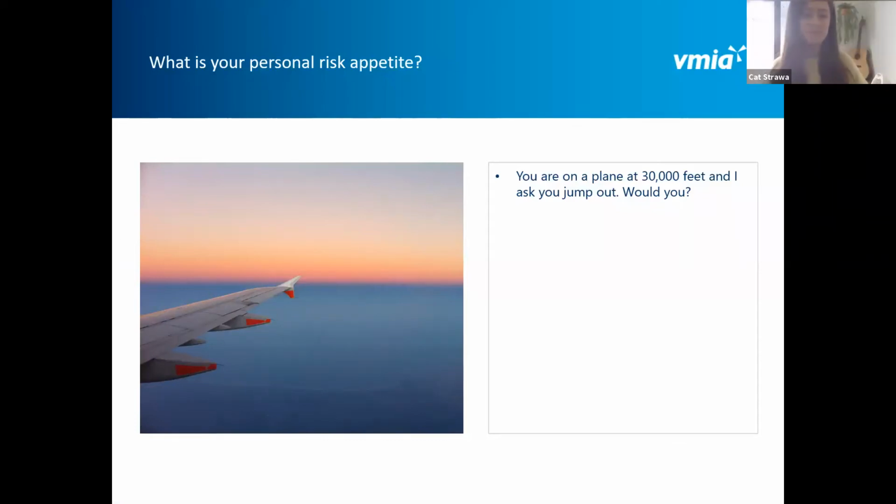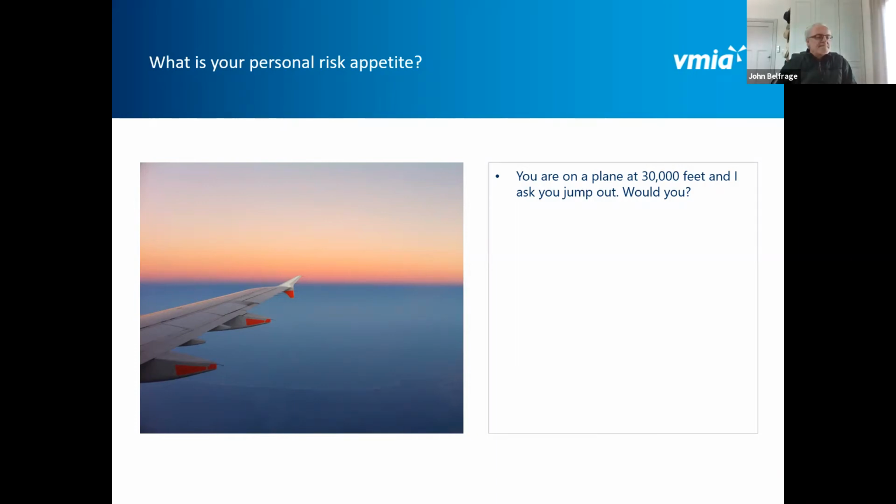Kat talked about the fact that we make decisions about risk every day of the week, informally and often unconsciously or subconsciously. And so we thought we'd just try to give you a taste of what your personal risk appetite might look like. So imagine for a moment, if you will, that you're on a plane at 30,000 feet and I ask you to jump out.